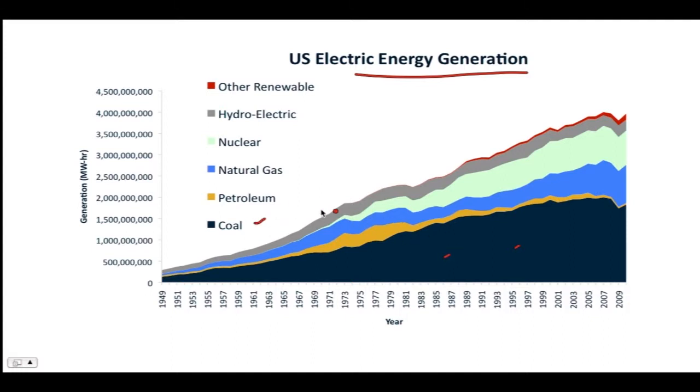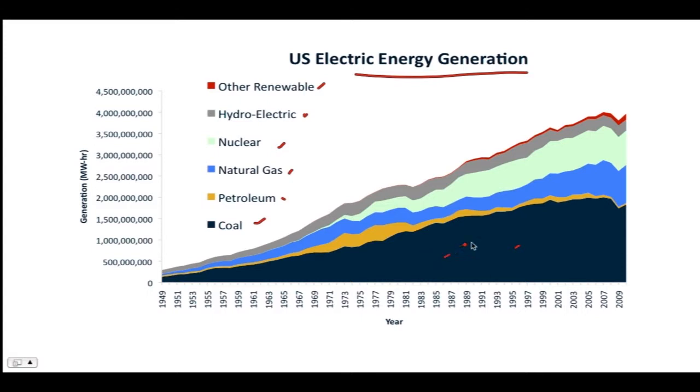Coal is the black, petroleum is the red, natural gas blue, the light green is nuclear, hydroelectric is a renewable, that's dams, and then we have other renewables other than hydroelectric. The other renewable is mainly wind and solar, and it's a very small sliver. But you can see the trends.